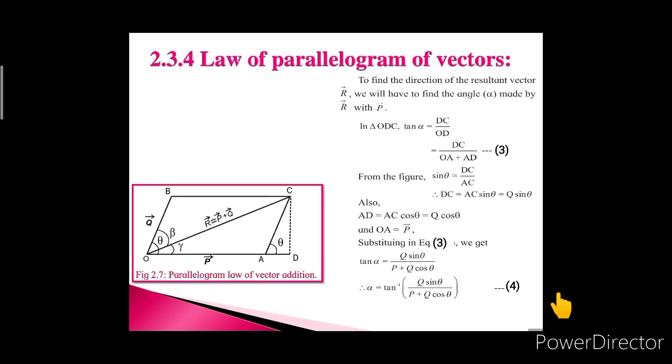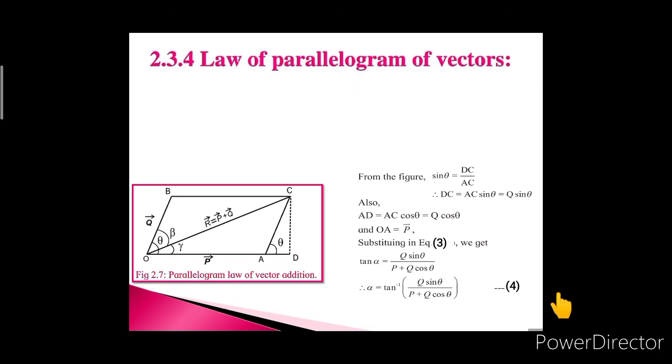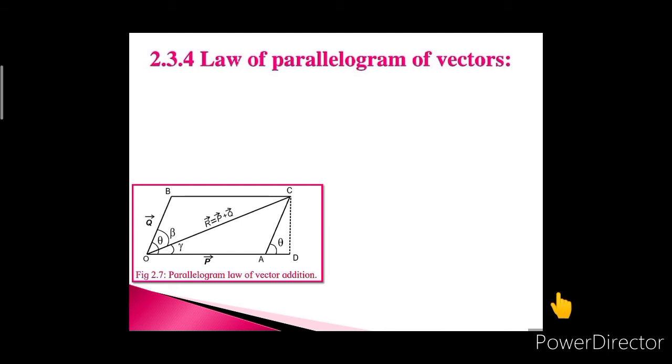Now similarly, if we consider the angle beta between vector R and vector Q, in the same way we derive the expression, and we get beta, which gives the direction of the resultant when we consider the vector Q, as tan inverse P sin theta upon Q plus P cos theta.